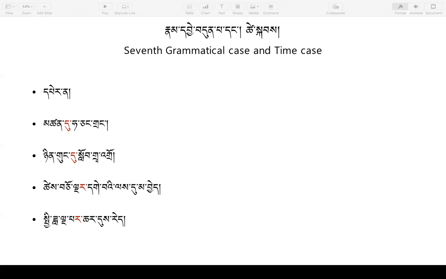In the subgroup that is the time case, we see that it can be used with a characteristic word, or it could be also used with an action word that is done during that time. So both action and characteristic, you can either define that time, or you can say that something was done during that time. Whereas for the 7th grammatical case, we see that only the position and the object, which depends on that position.